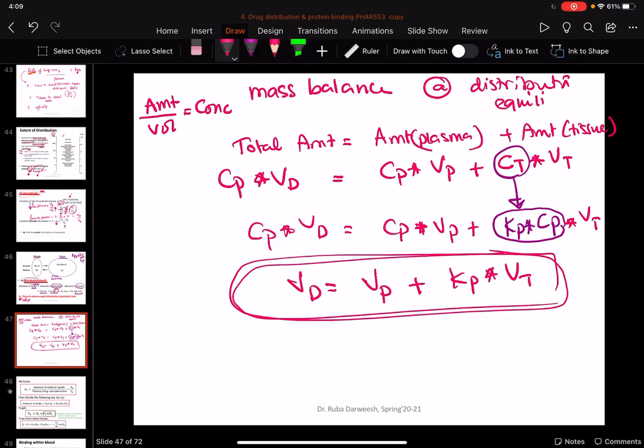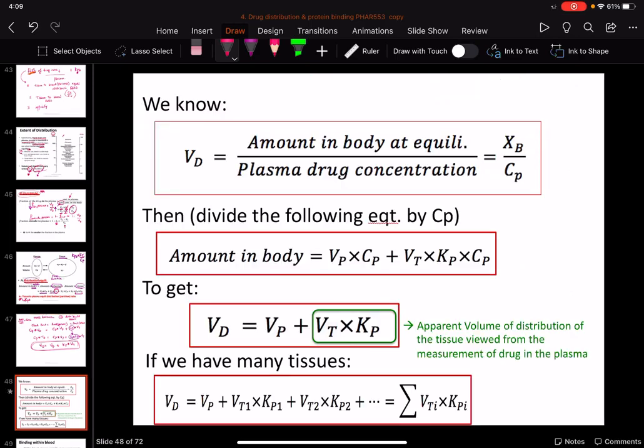It's similar to something that you already know, right? Or see, or I just mentioned, okay? So again, this is the total, this is what I just mentioned, okay? And both of them together are the apparent volume of distribution to tissues from the measurement of the drug in the plasma, because we can't have this in terms of, as we mentioned, concentration in the tissue.